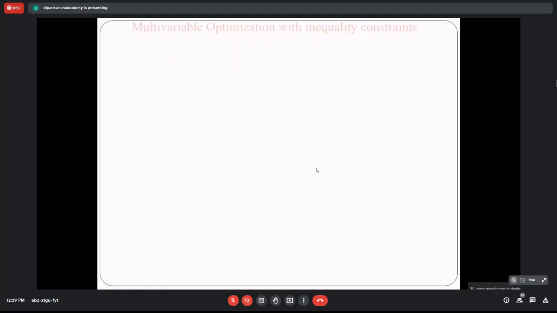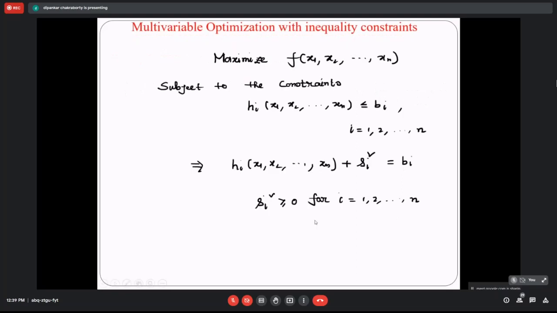What was the constraint that you have? The constraint is h_i of x is less than or equal to b_i. Clear? So when you add this s_i squared, it comes like that. You can also convert this, as I have already done for the Lagrange multipliers method, by considering g_i of x less than or equal to 0, where g_i of x equals h_i of x1, x2, ..., xn minus b_i.